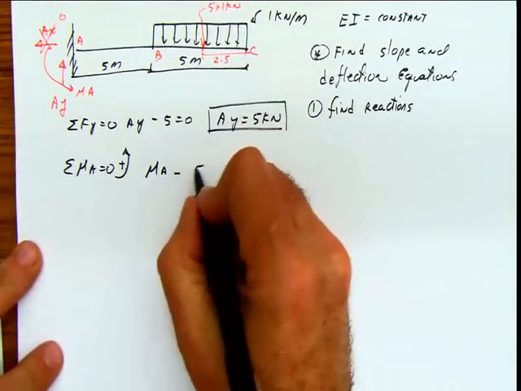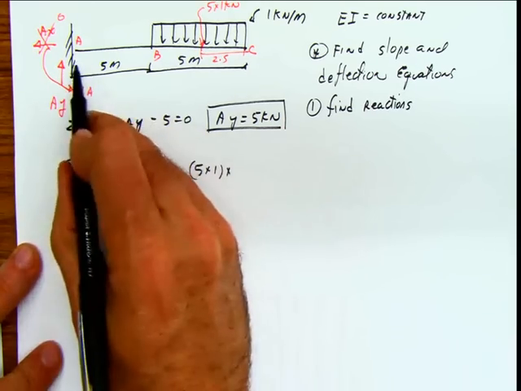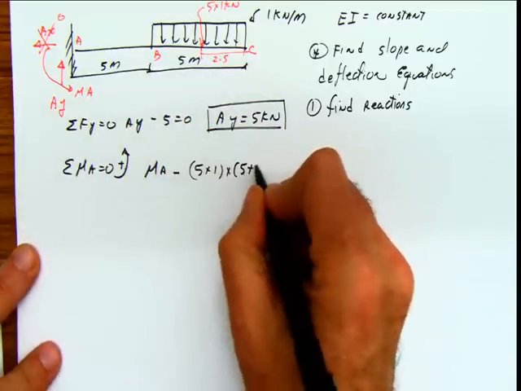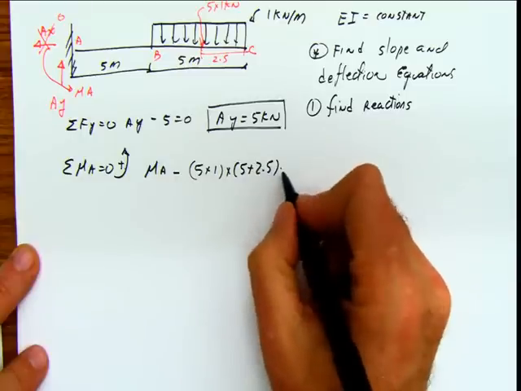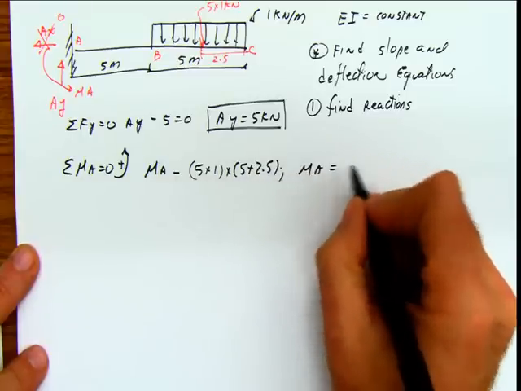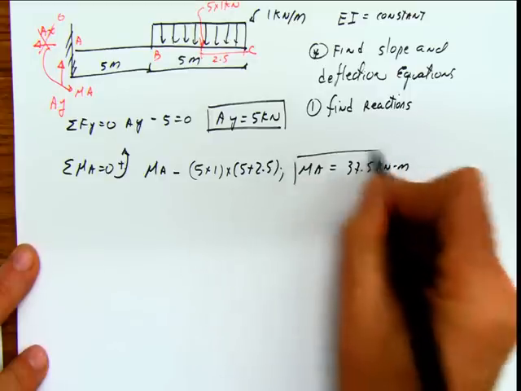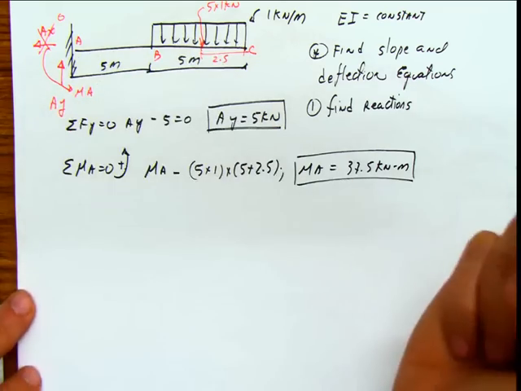So it's 5 times 1, the force, multiplied by the distance from here up to here, which is 5 plus 2.5. From here, we can solve for MA equal 37.5 kilonewton meter. There you go. Now we have our reactions.